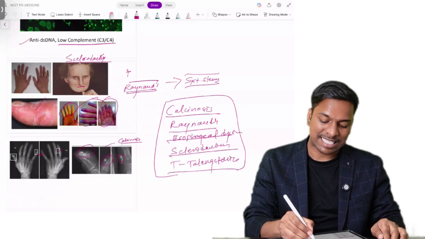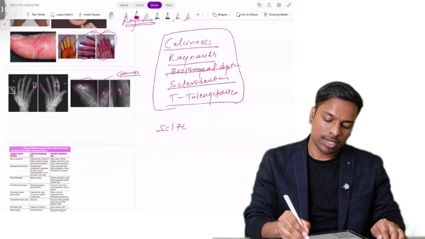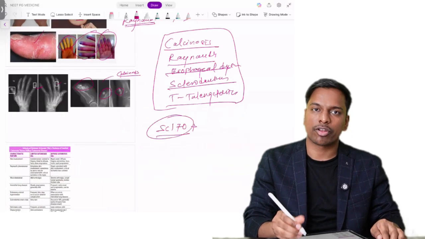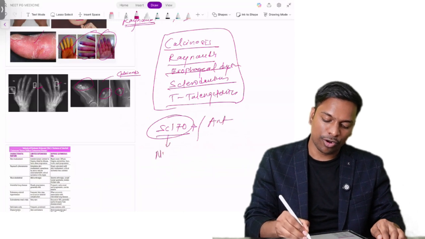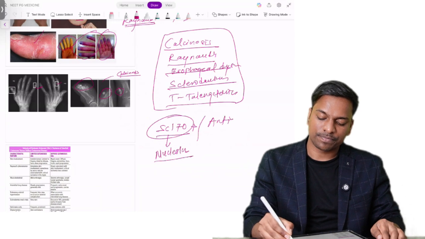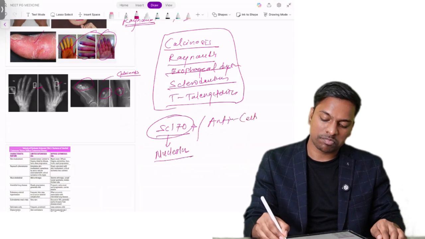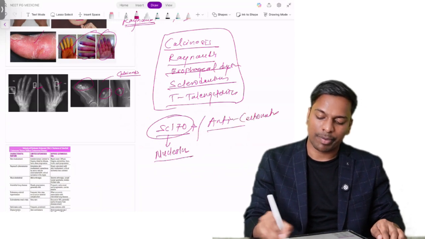Now, if SCL70 is positive, this is systemic sclerosis. SCL70 has the nucleolar pattern. And if anti-centromere antibody is positive, a centromeric pattern is there.